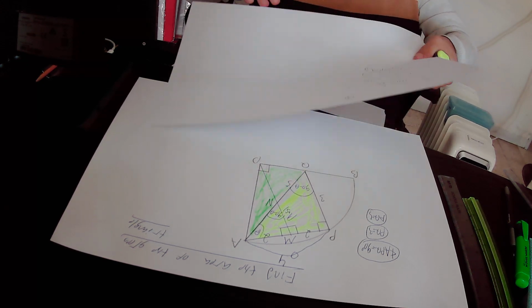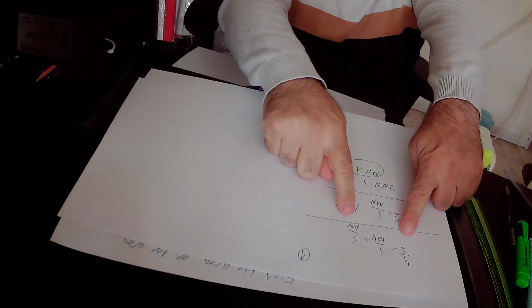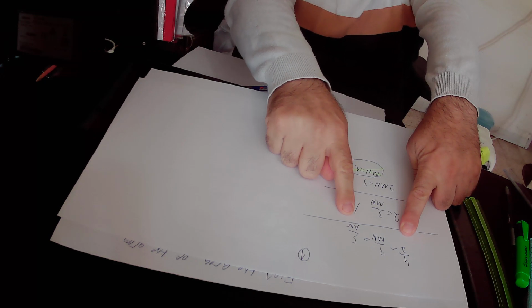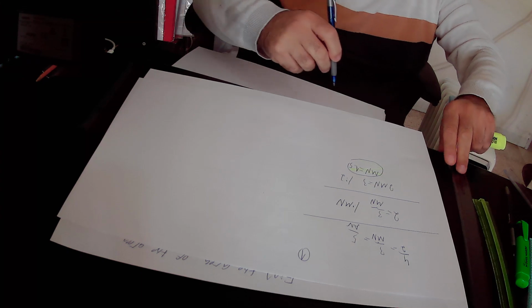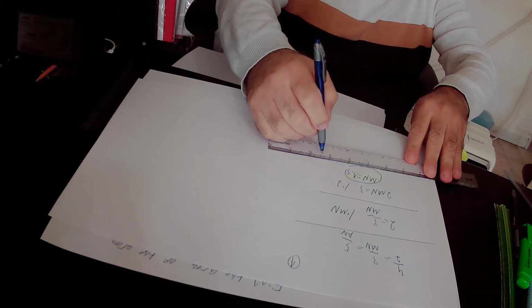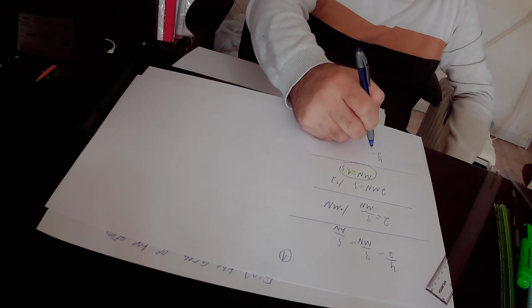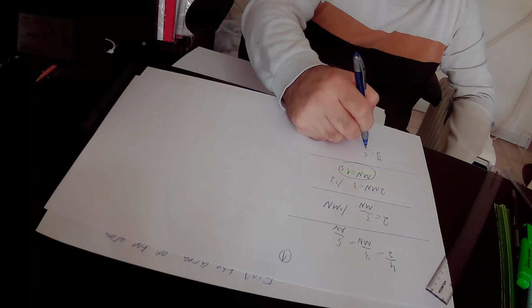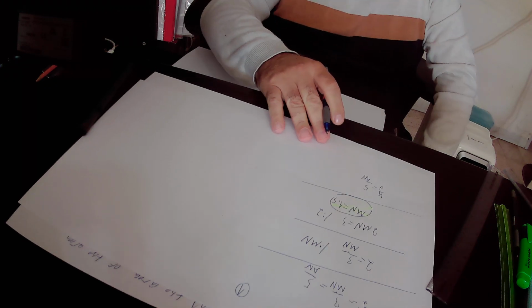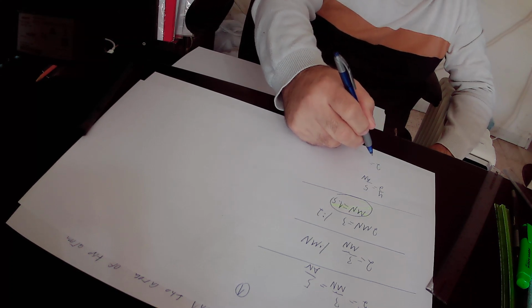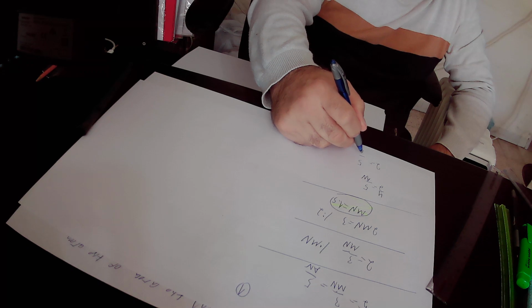From this equation, we conclude that 4 over 2 equals 5 over AN. So 4 over 2 is 2, so 2 equals 5 over AN.